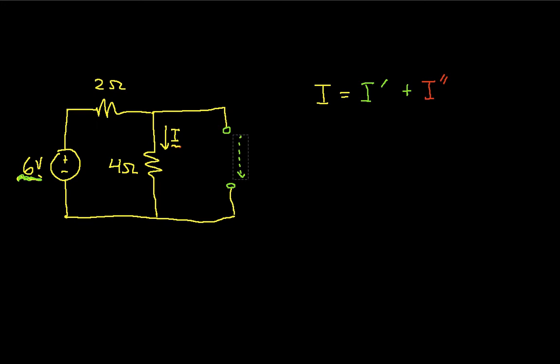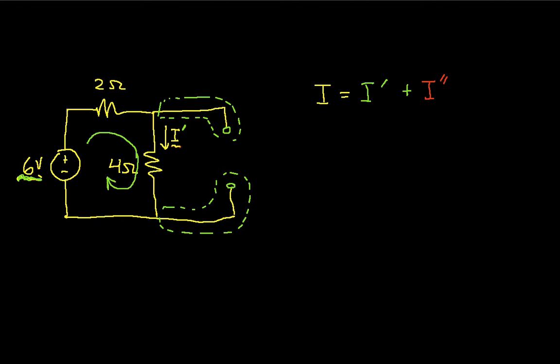Okay. So now, with our remaining 6-volt source, we'll solve for the current I prime. If we look at this, these bits of the circuit basically do nothing. They're just wires. So I have a single loop circuit here, with the current flowing around this way.